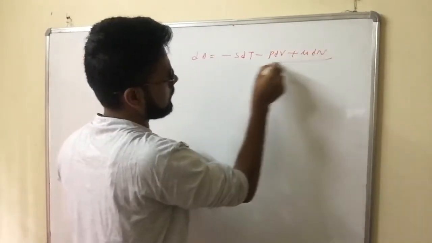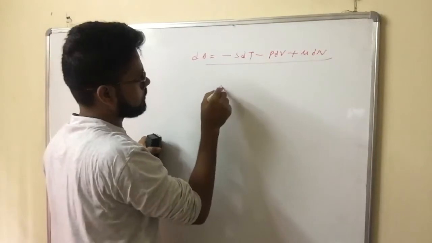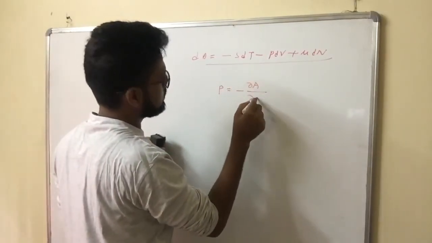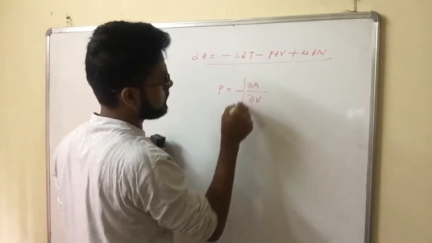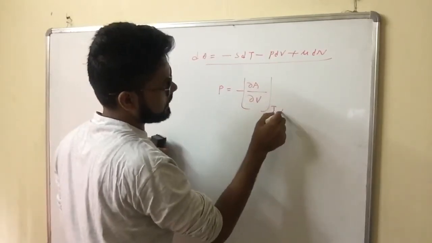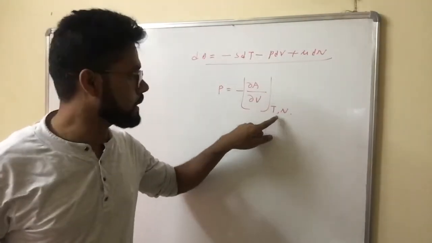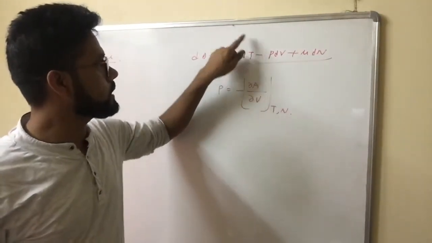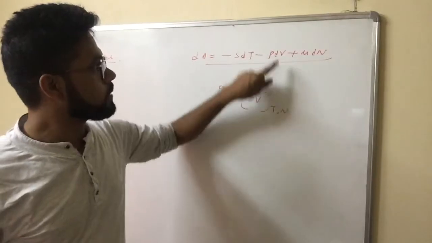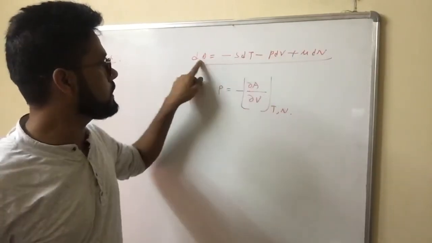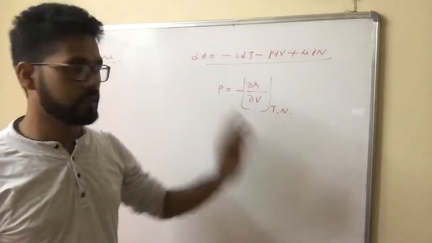So pressure equals how much? dA by dV when temperature and N are constant. The suffix means this parameter is constant. T constant means this term is 0. N constant means this term is 0. Then only this term exists, so pressure equals minus dA by dV. Is it okay?